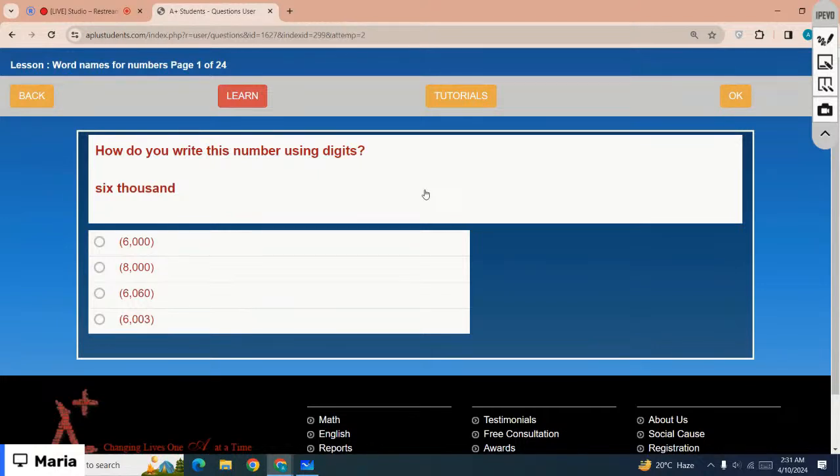How do you write this number using digits? 6,000, which is the correct option? Yes, option number 1 is the correct option.